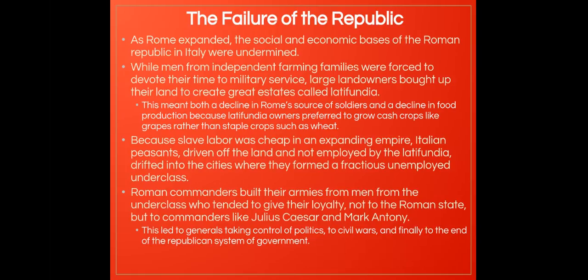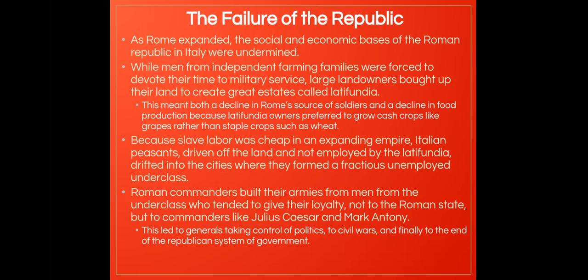And while men from independent farming families were forced to devote their time to military service, large landowners bought their land. So while these farmers are off fighting in the military, very wealthy patricians start buying up their land to create these great estates called the latifundia.